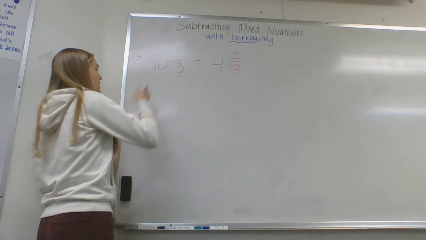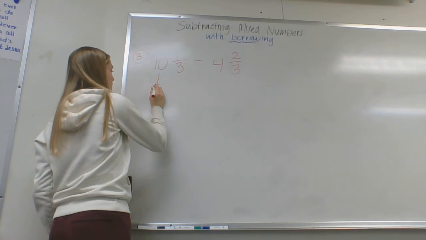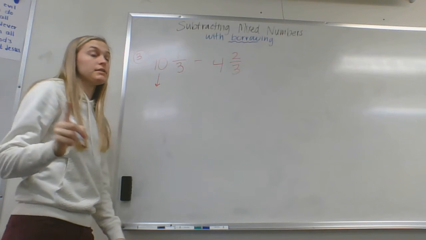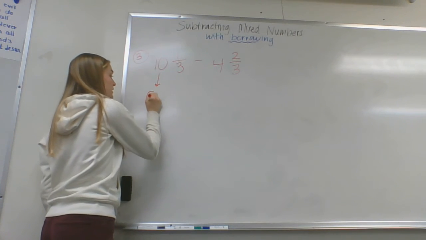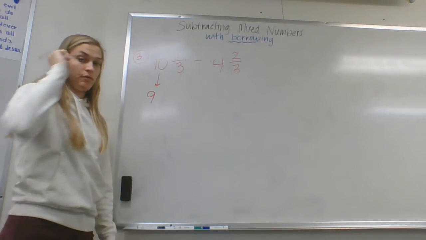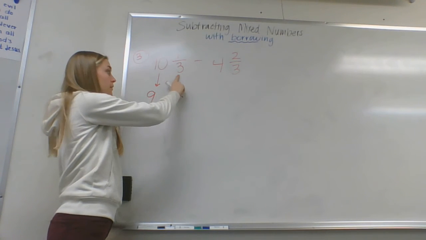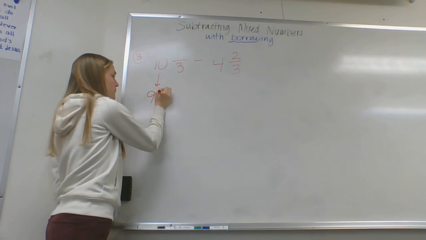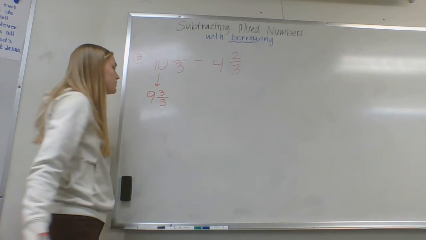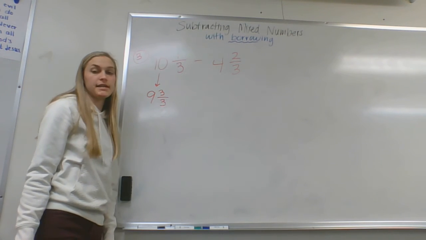So we're going to rename our 10. We're going to take away 1, so it's going to become 9. And then our 1 that we took away is going to become a fraction. 3/3 this time because we want more thirds. 3/3, that's 9 plus 1, which is 10.